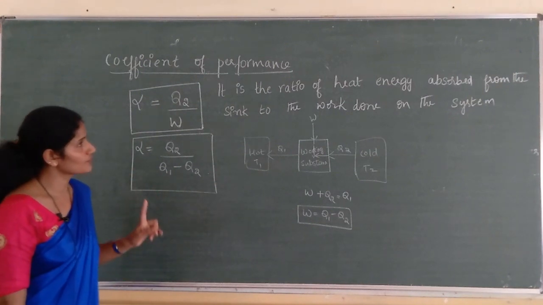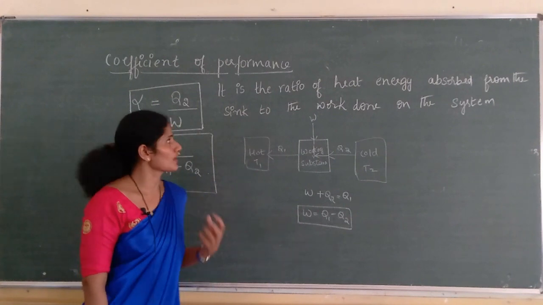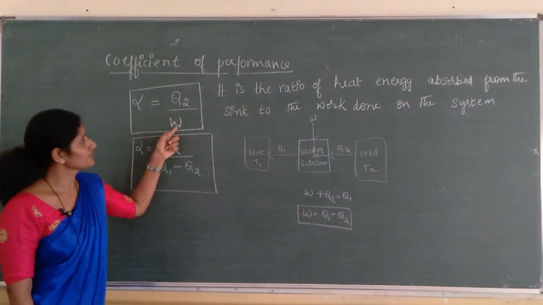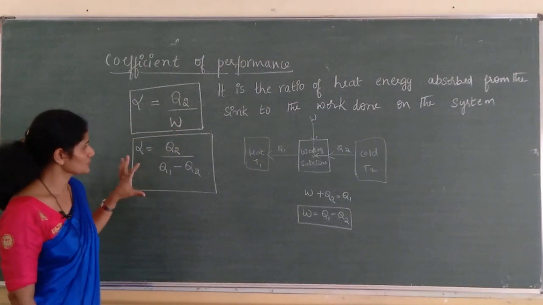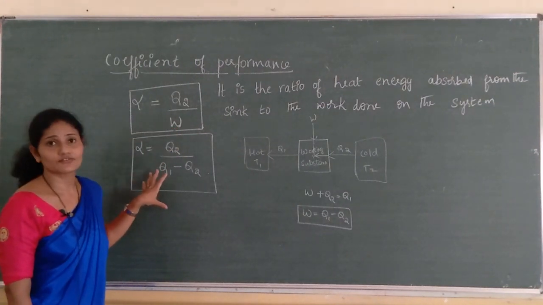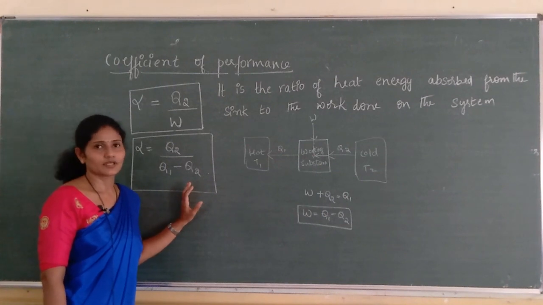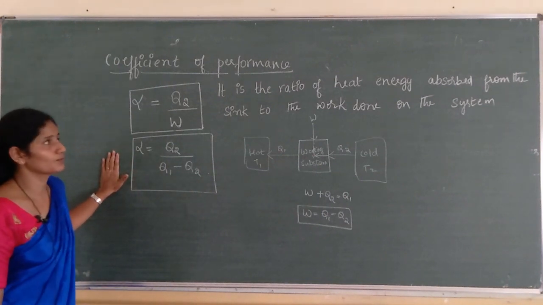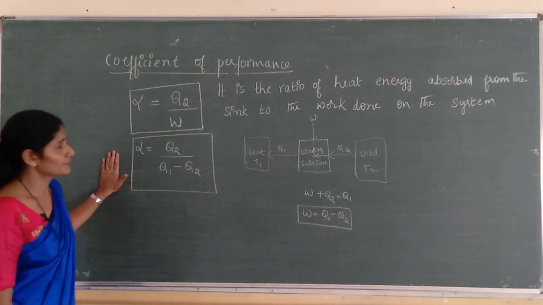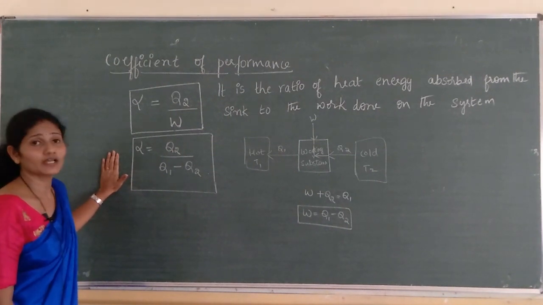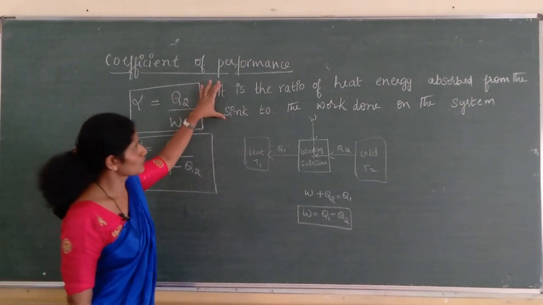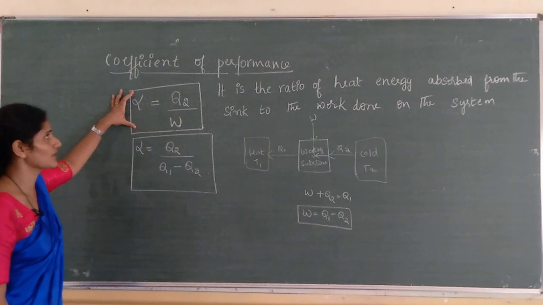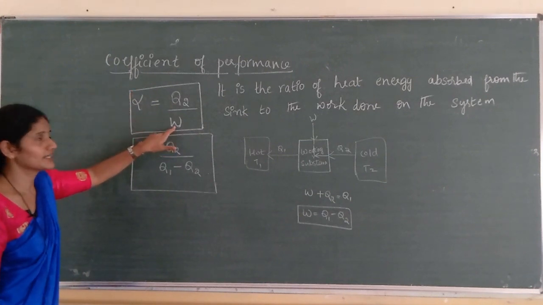So, it is a ratio of heat energy absorbed from the sink to the work done on the system. This is important for the exam. If the question is, what do you mean by coefficient of performance of refrigerator, and write the expression, at first you have to write this statement and then this formula, alpha is equal to Q2 divided by W.